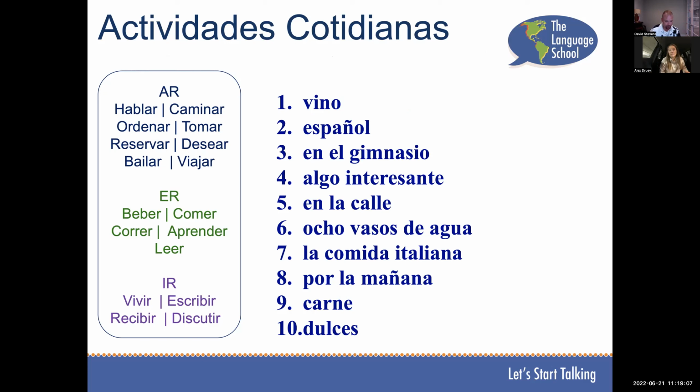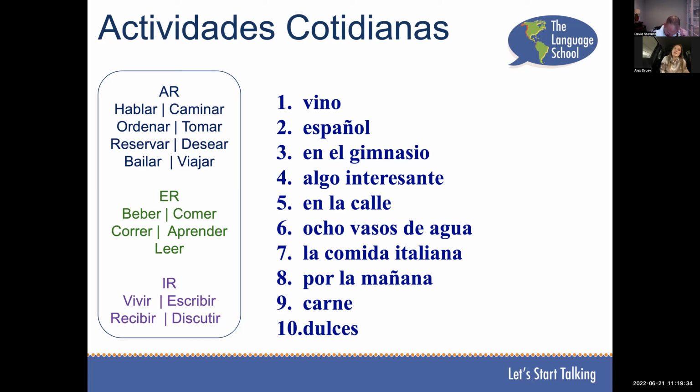Sí, corro en el gimnasio. ¿Qué significa algo? Algo significa something. Something interesting. Ahí está. ¿Escribes algo interesante? Sí, yo escribo libros.